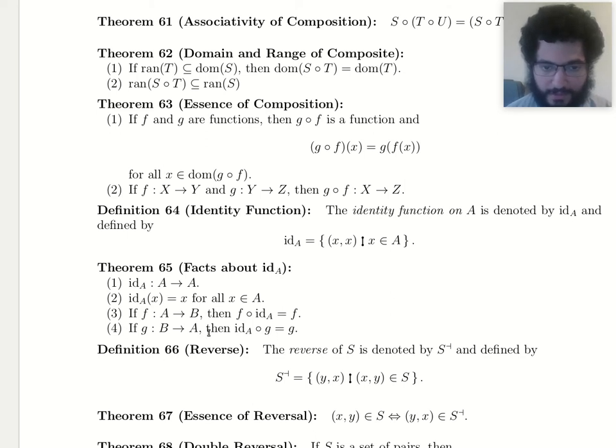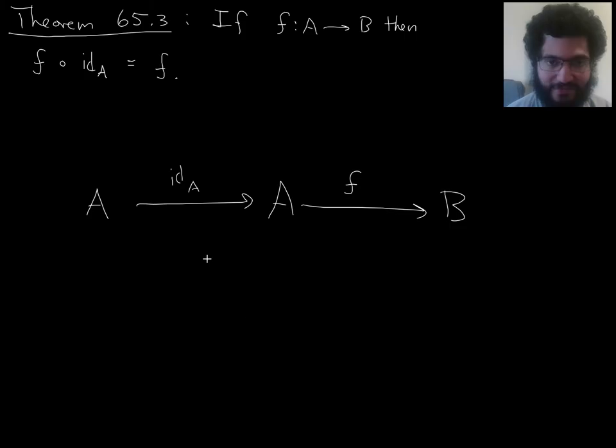In part 4, it's still using A. Oh, that's because I switched around the letters. Okay, that's a little bit confusing. But yeah, let me frame it this way. If I wanted to talk about F composed in the other direction with the identity of something and have that equal F, then the something here would be B in order for that to work.